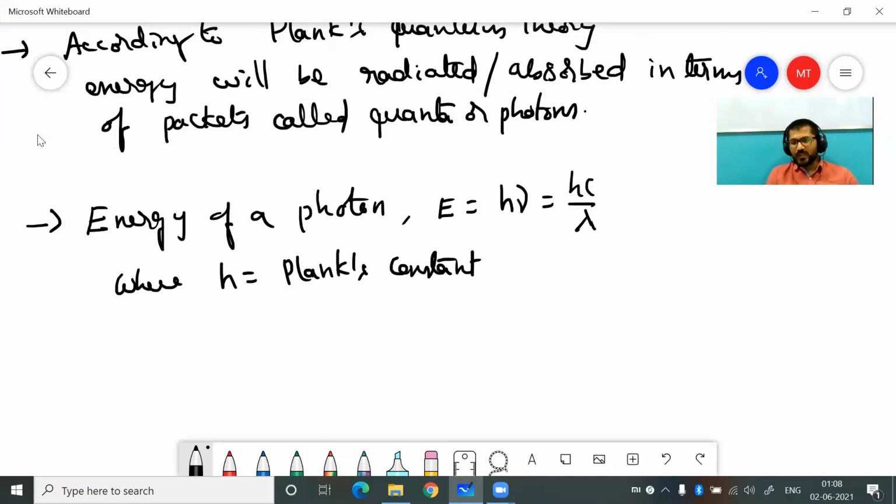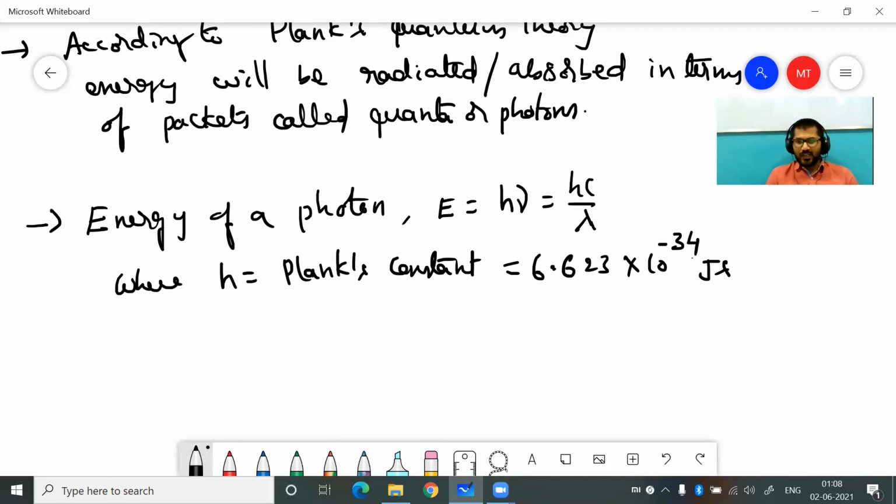Keep in mind its value is 6.623 into 10 to the power minus 34 joule second. Write this clearly. Some books may give you 6.6 only to one decimal point.